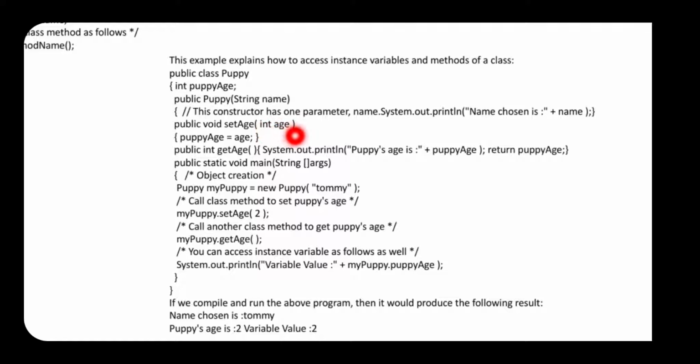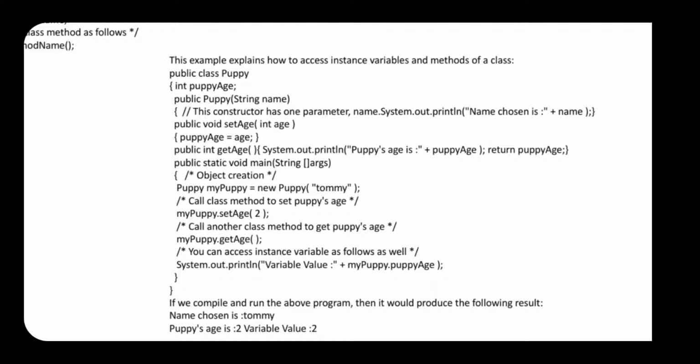Void setAge, int age of 2. Puppy age equals 2. Here 2 is the value you sent from the main method, and it will be stored within a class variable of Puppy and displayed for you. Then myPuppy.getAge, another function you are going to use here. In getAge, puppy's age equals what? 2. So it is going to display.